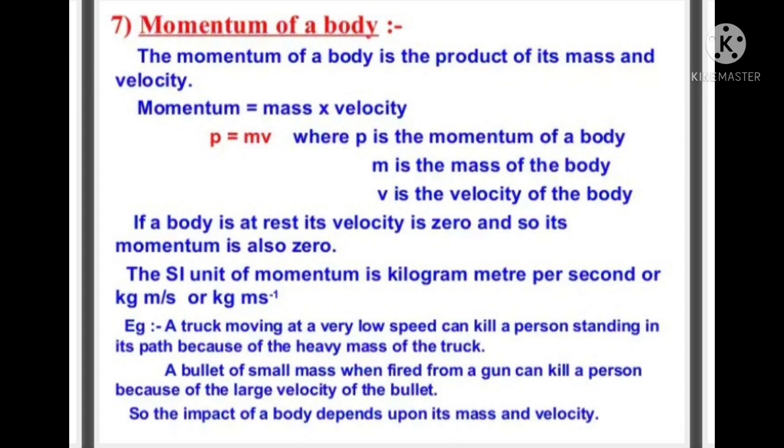If a body is at rest, its velocity is 0, and so its momentum is also 0. The SI unit of momentum is kilogram meter per second, or kg m/s.